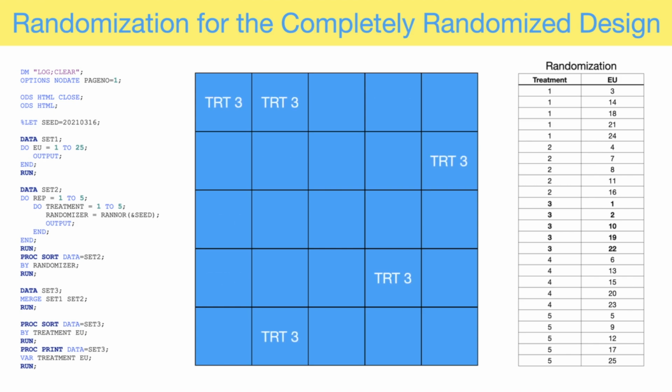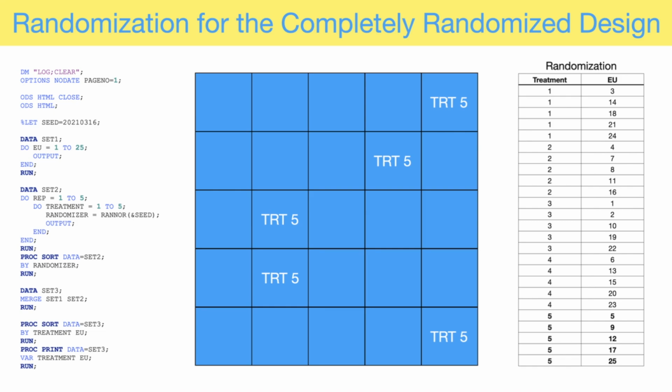Treatment 3 is assigned to experimental units 1, 2, 10, 19, and 22. Treatment 4 is assigned to experimental units 6, 13, 15, 20, and 23. And then finally, treatment 5 is randomly assigned to experimental units 5, 9, 12, 17, and 25.